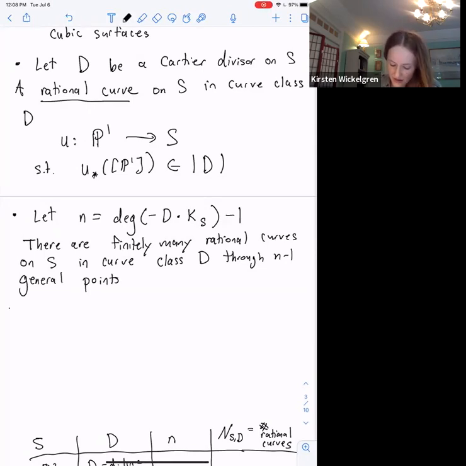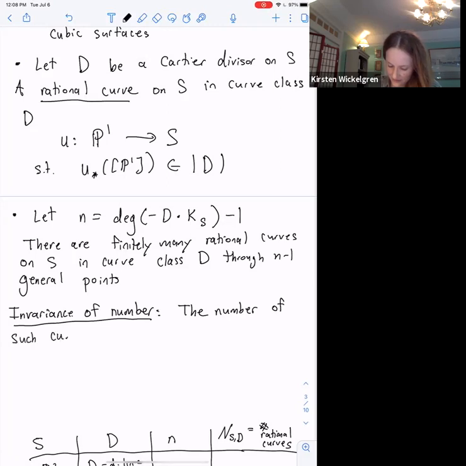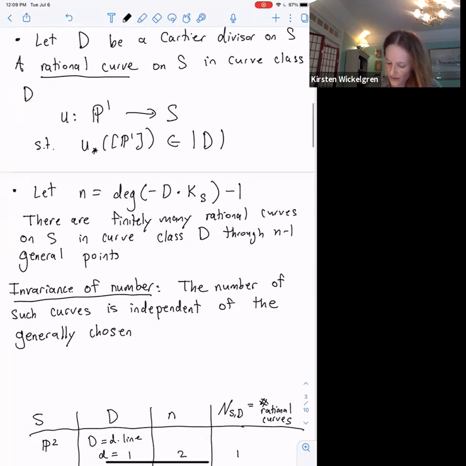And it doesn't matter how you pick those points. There's an invariance of number result that says the number of such curves is independent of the generally chosen points. There's an open subset of choices of points such that it's invariant.